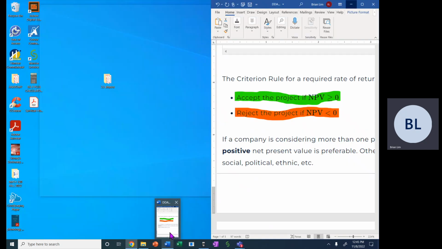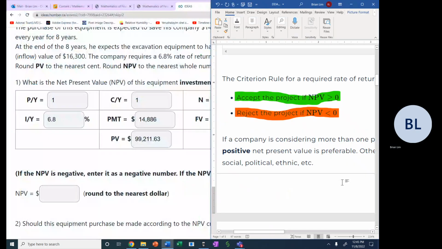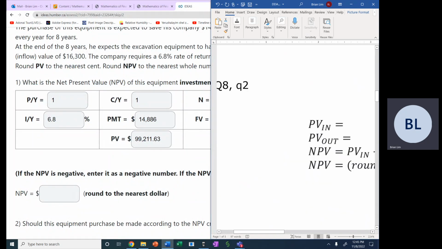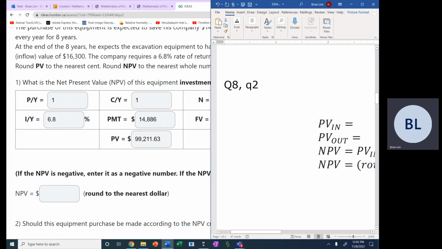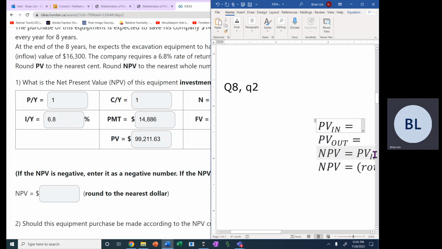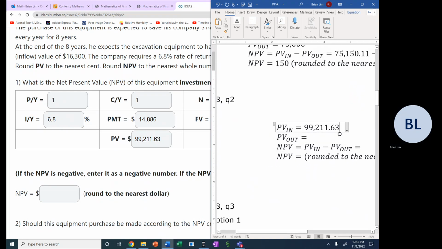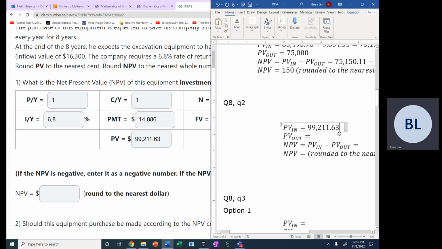We can go to this Word document, and if we scroll down to question number 2, there we are. We can go in here and put in that number, $99,211.63. Now what is PV out?